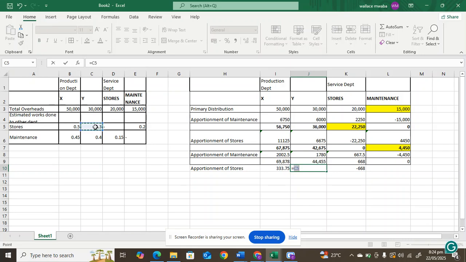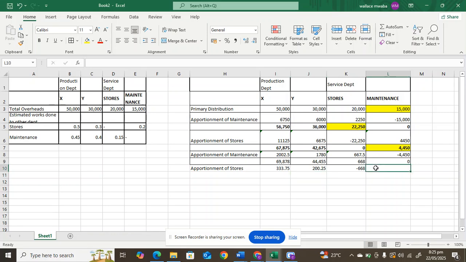Department Y gets 30%. You get 202.5. And maintenance department gets 20%. 20% of this amount, we get 133.5. Okay, then we get our new totals again.